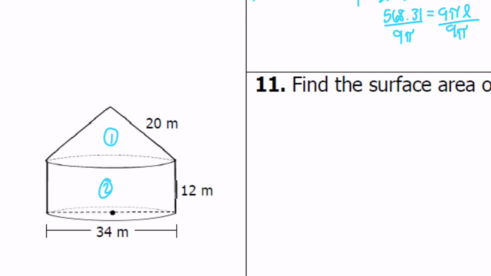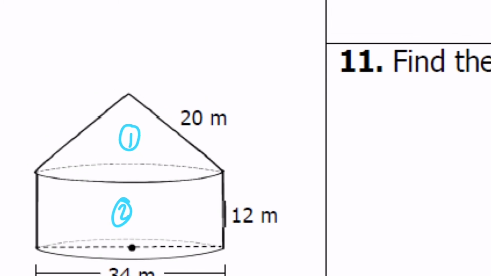Remember when you're calculating surface area, you're calculating all of the space on the outside of the shape. So when you split it into your two shapes, you find the area of this cone, and then you find the area of this cylinder. Think about what you may have to do differently where they're connected. Just think about that.